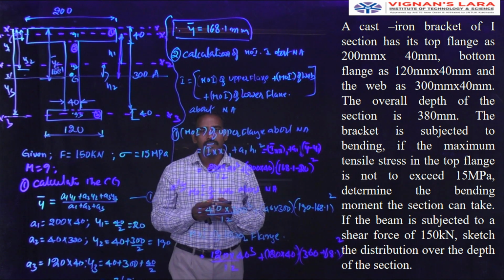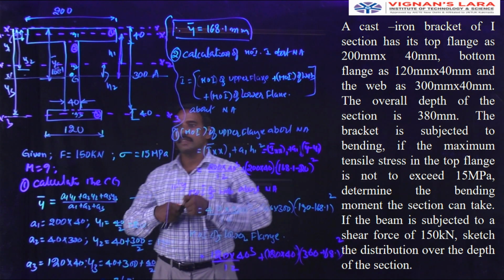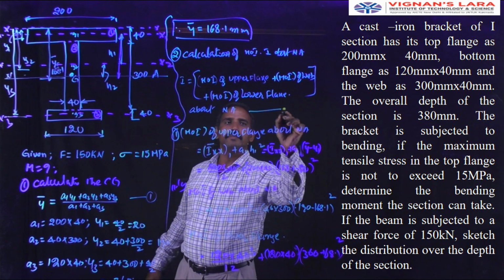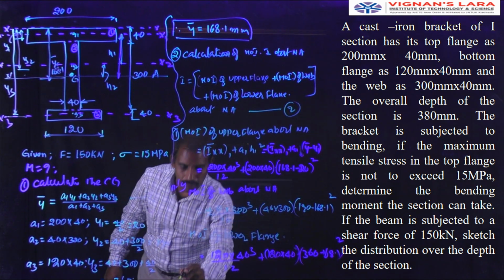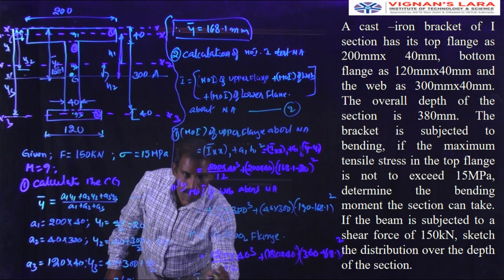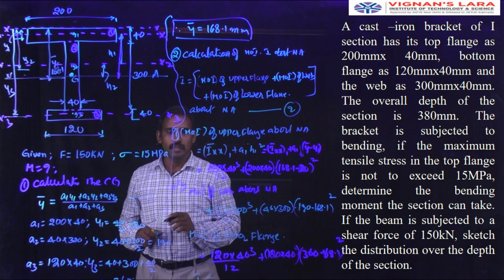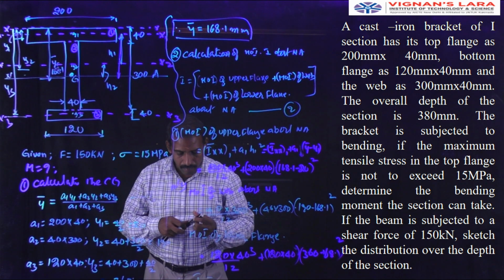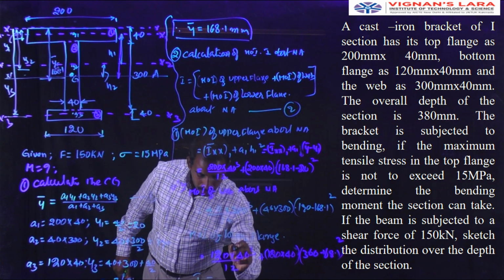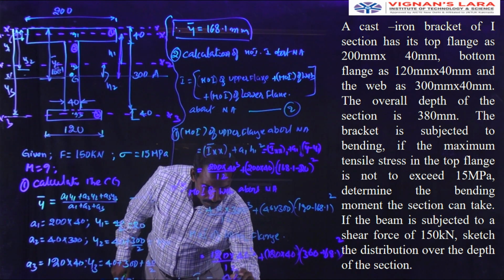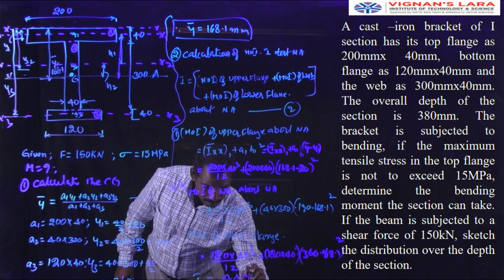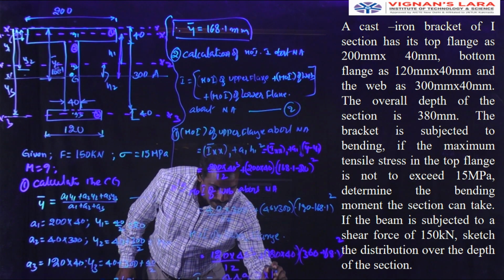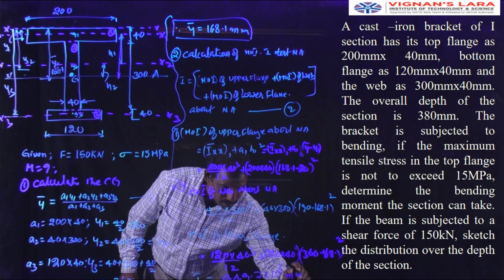Substituting all these values in equation number 2, finally the moment of inertia of the entire section is 449.7 into 10 to the power 6 mm to the power 4.